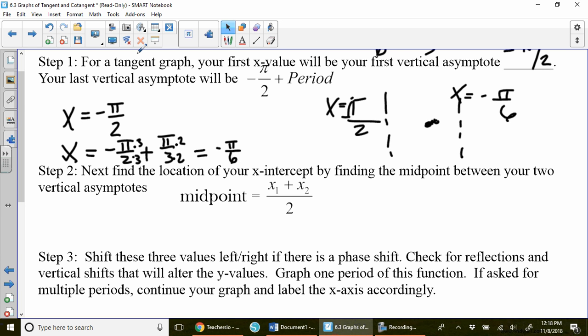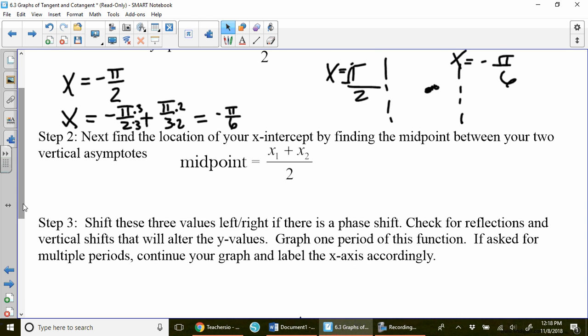The x-intercept is always going to be directly in between your 2 vertical asymptotes, so it's always the same distance away from each one. Sometimes that will be easy to find, sometimes not so easy, which is why I gave you the midpoint formula. All this is a method for finding the middle. If you take each of your x values and add them together, a common denominator makes this 3 out of 6.